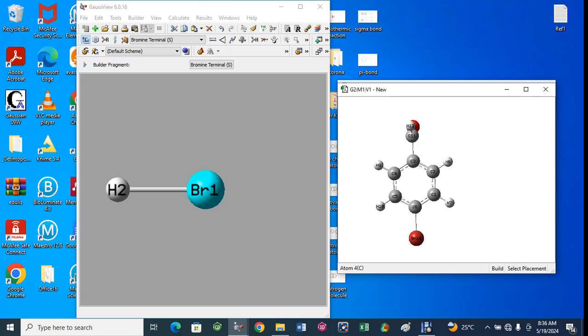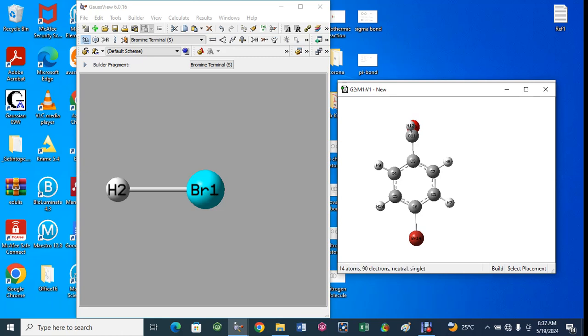If we calculate the total number of electrons we have here, that is 6 times 6, 36. Plus 35, because bromine is 35. That is 71. Then plus the hydrogens, 71 plus 8 is 79. 79 plus another 6, 85, plus 1, 86.